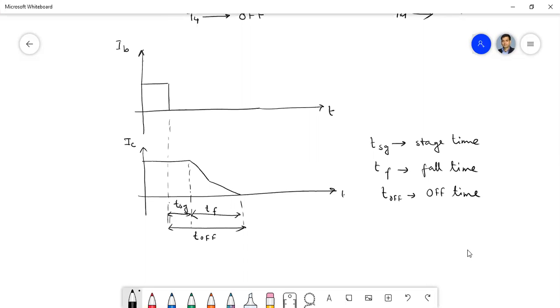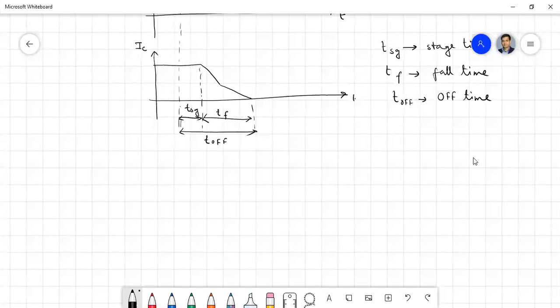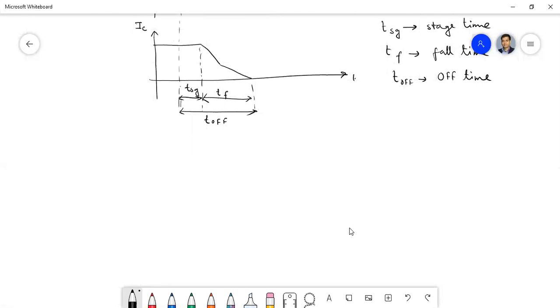So how can we reduce this off time by using some external devices? I will discuss that. One way to reduce the off time is by using negative base drive for BJT.